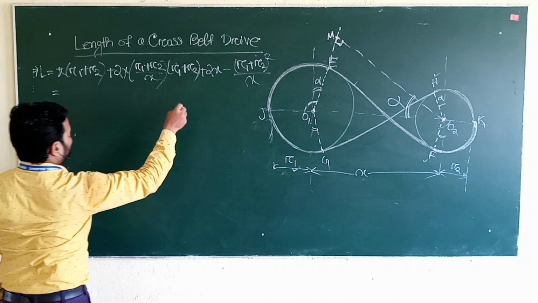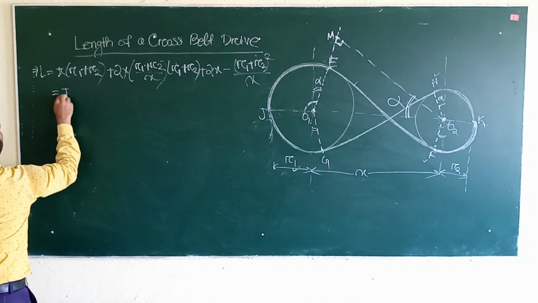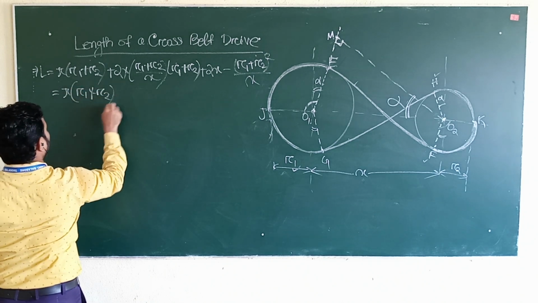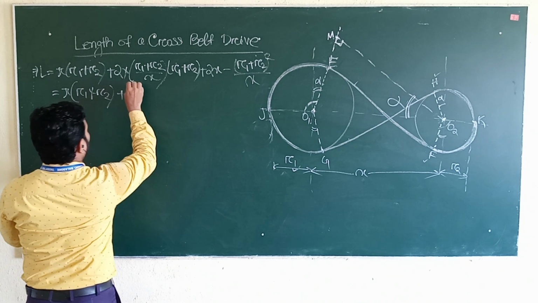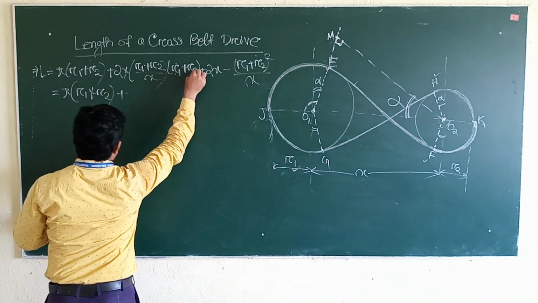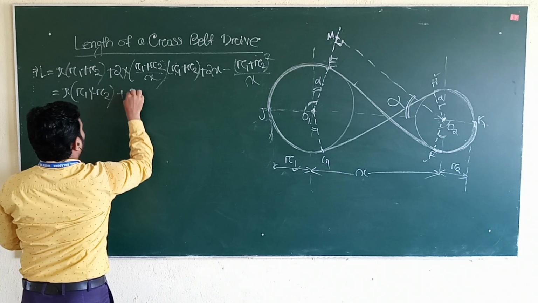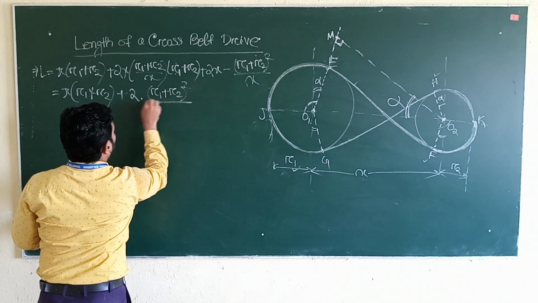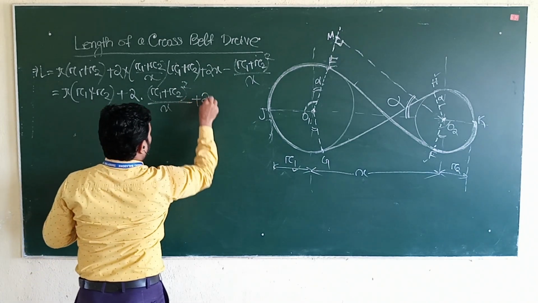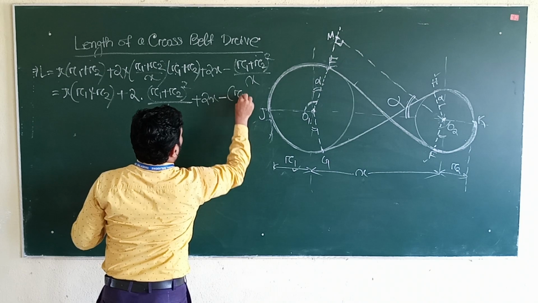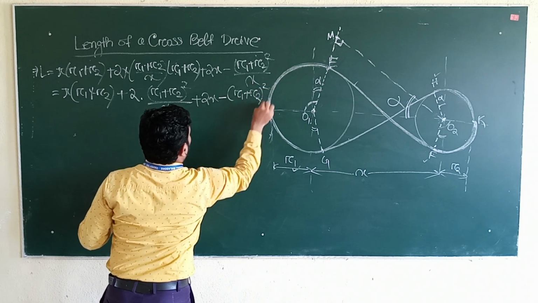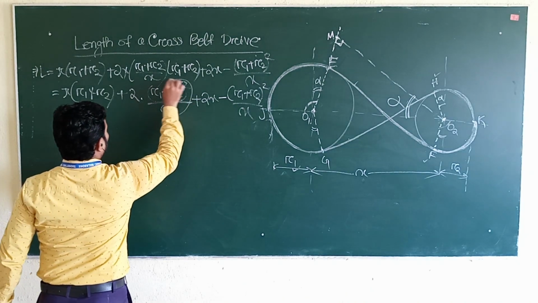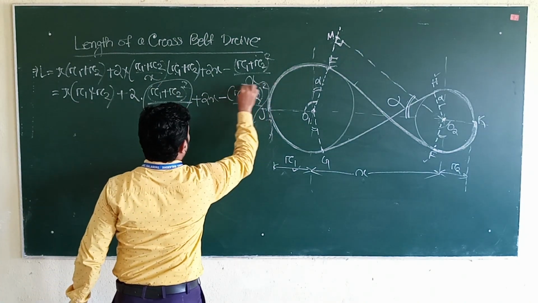Now we will simply multiply and take common. That is, pi into (r1 plus r2) plus, this (r1 plus r2), this is also (r1 plus r2), so (r1 plus r2) square. So you can write 2 into (r1 plus r2) square divided by x plus 2x minus the remaining terms (r1 plus r2) square by x. Now you will see (r1 plus r2) square by x here is also (r1 plus r2) square by x.